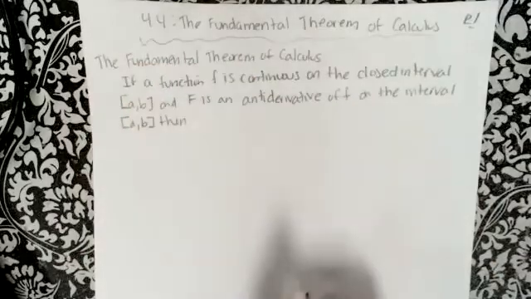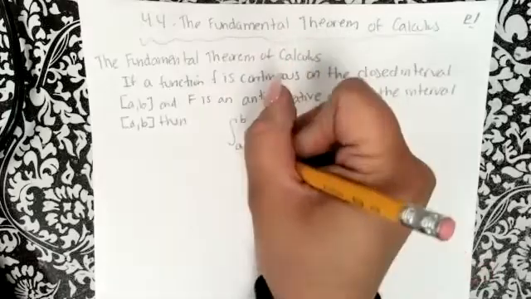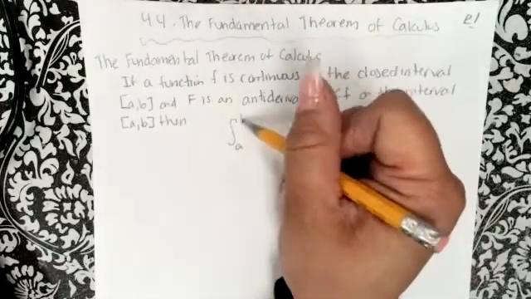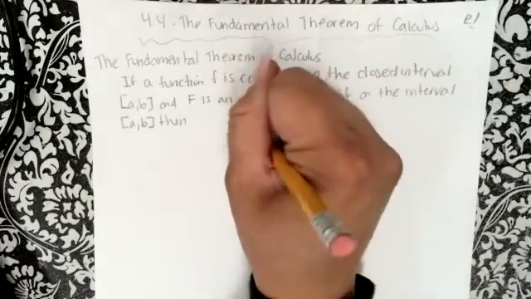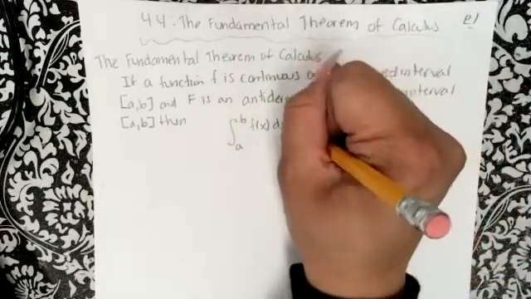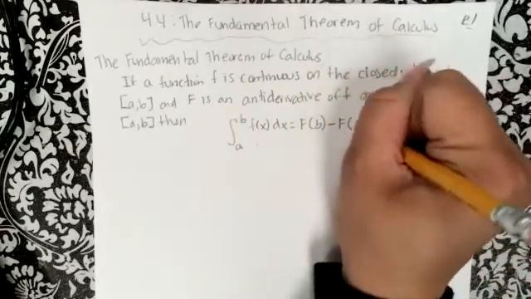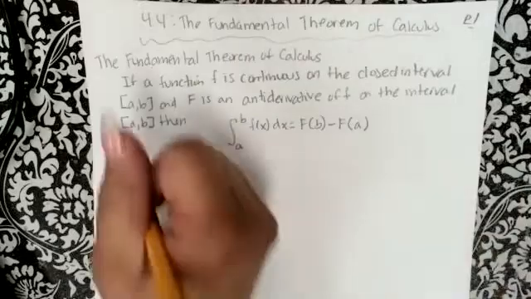then we say that the integral from a to b, meaning your lower bound and your upper bound, I'm actually going to give you values of the function, is equal to the antiderivative of the upper bound minus the antiderivative of the lower bound, and the numbers have to be plugged in.